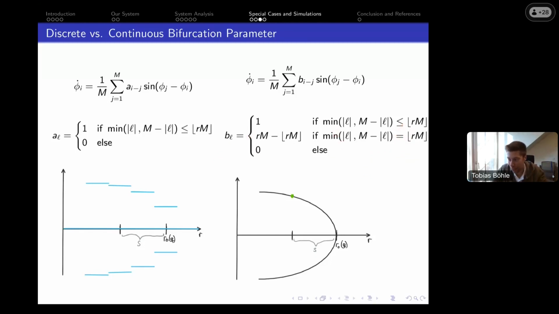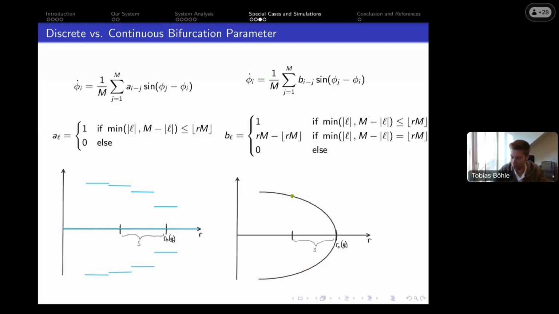And in this case, R is a continuous bifurcation parameter, and then you indeed get this nice pitchfork bifurcation here, and we can compute these non-trivial equilibria on this line here, and this is exactly what I did in the last simulation.